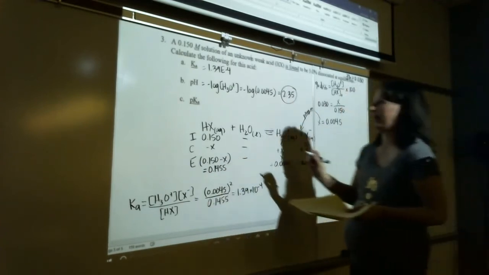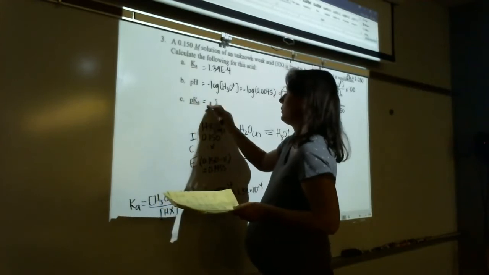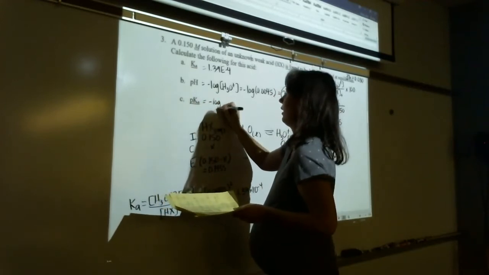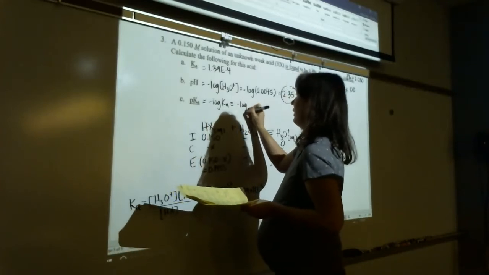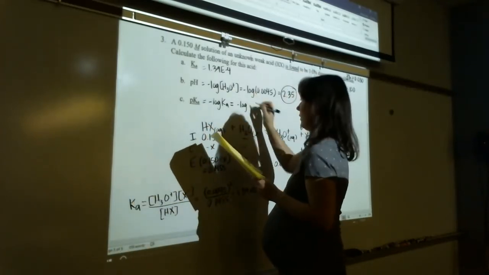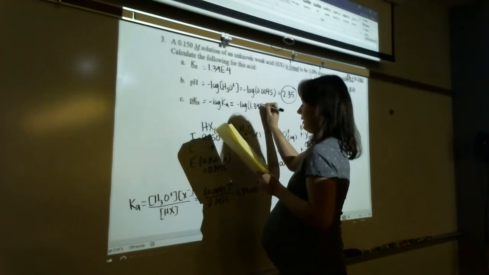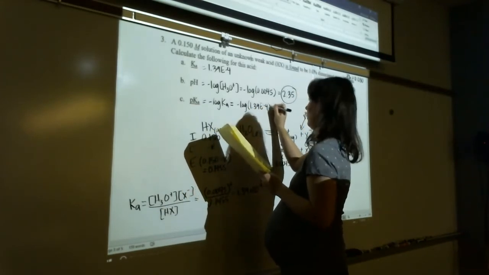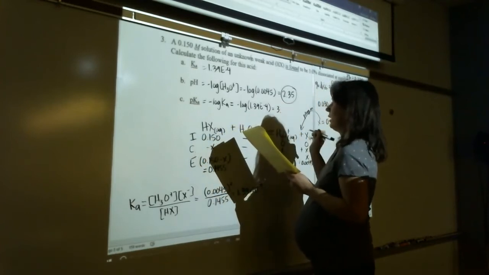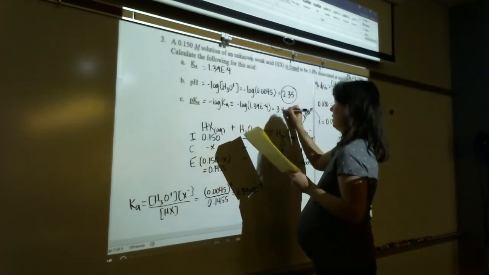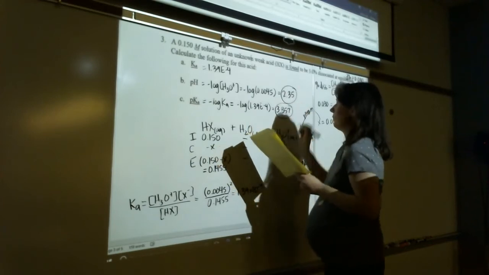And then pKa, P just means negative log, right? So negative log of Ka. So that's negative log of the Ka I just got, 1.39 times 10 to the negative fourth. So that would be 3.857.